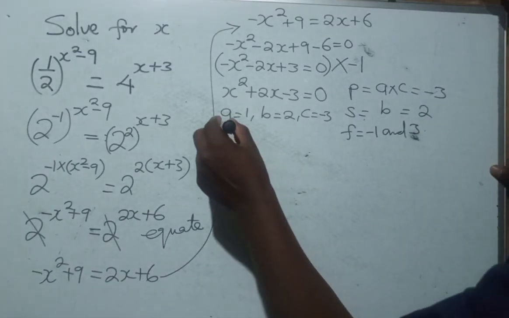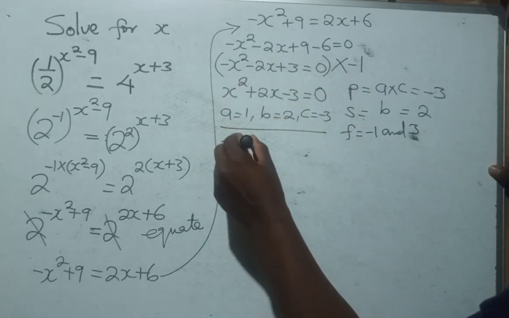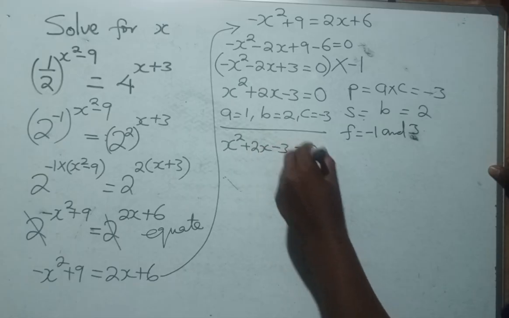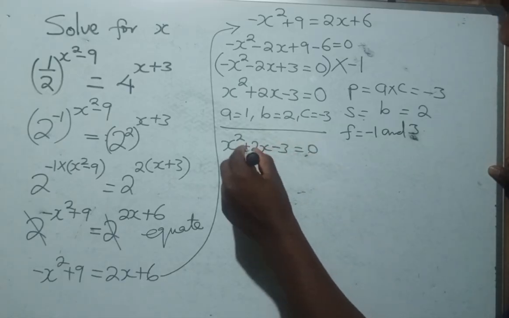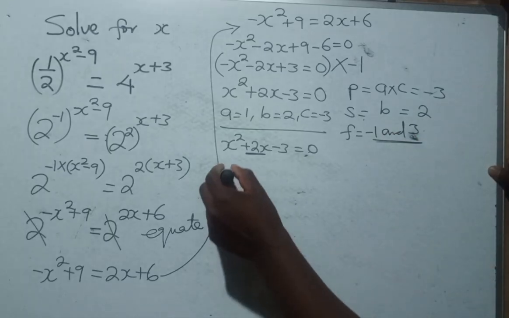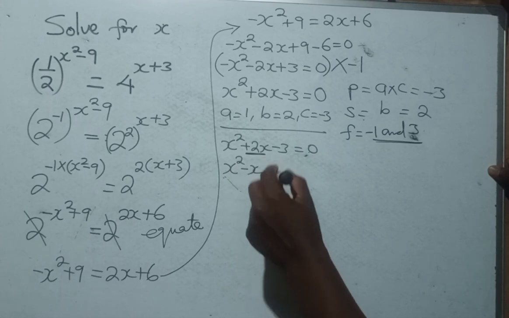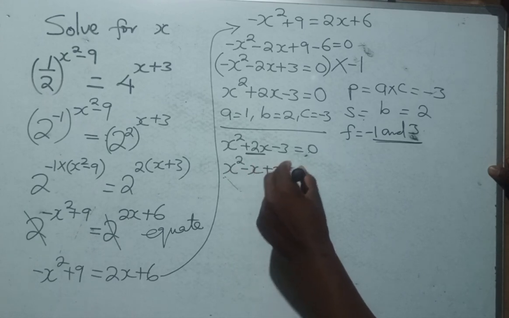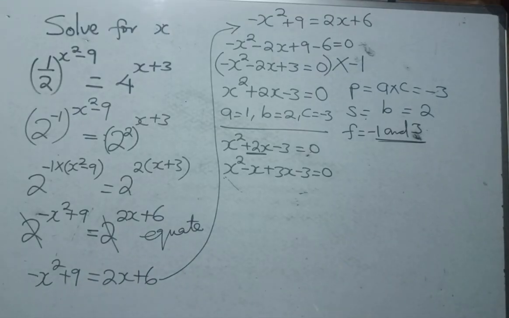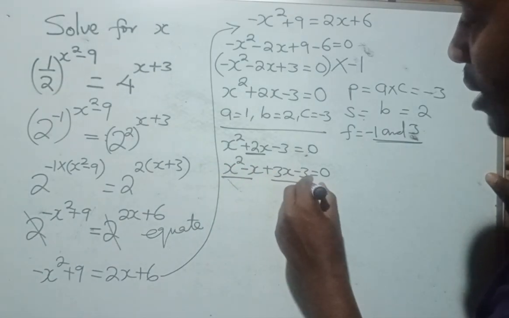Therefore, we now come to x² + 2x − 3 = 0. Where there is b, we replace it with these coefficients. So we shall have x² − 1x + 3x − 3 = 0. That is what we have. Then we factorize these separately.